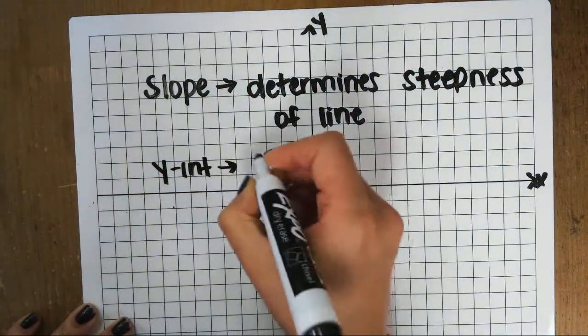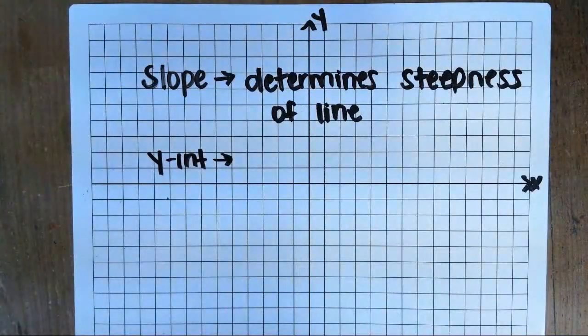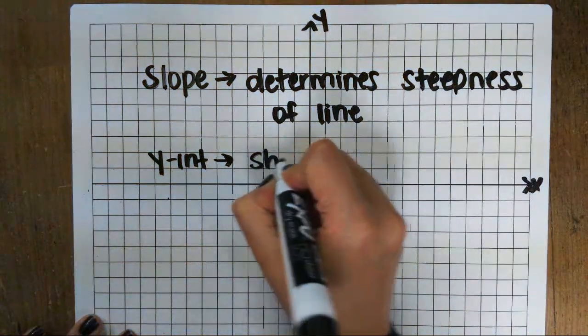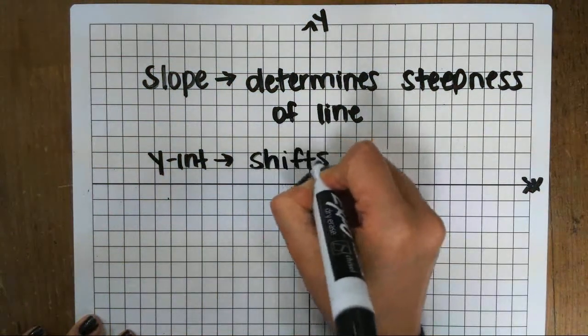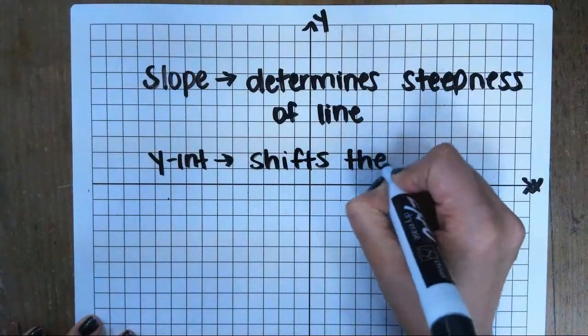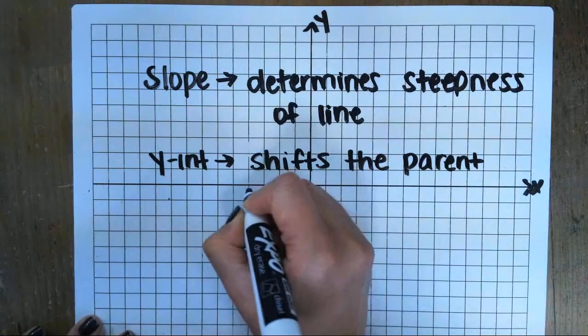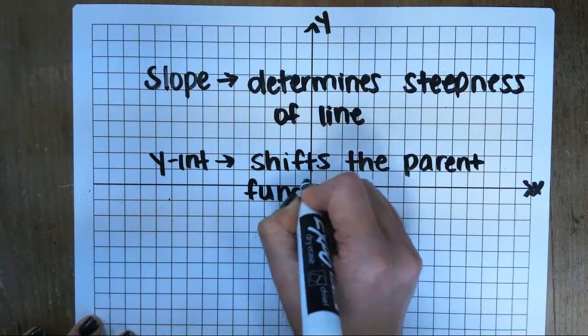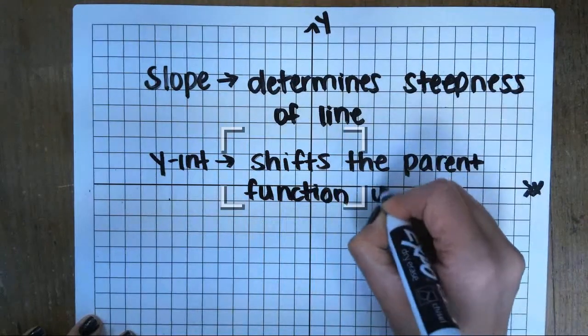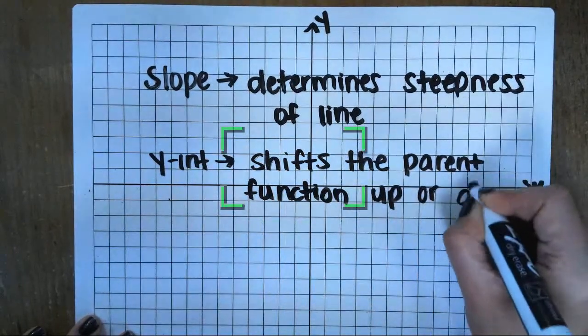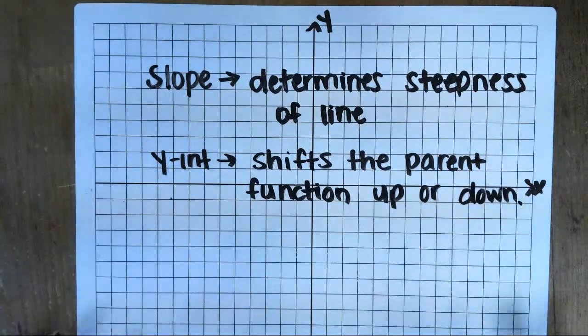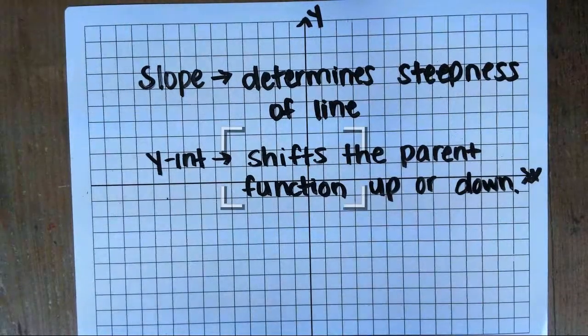So it's shifting the line either up or down. The y-intercept shifts the parent function, because that's our original function, up or down. Please make sure that you guys are writing that down. You need to know that information.